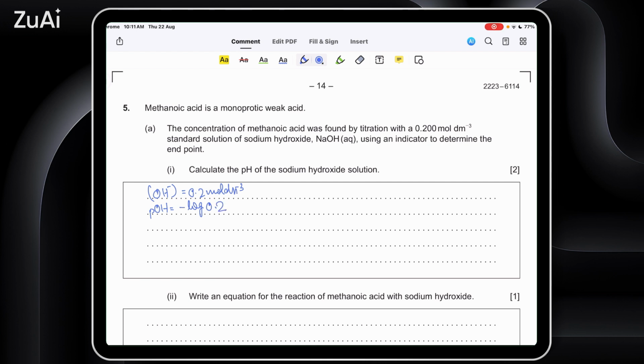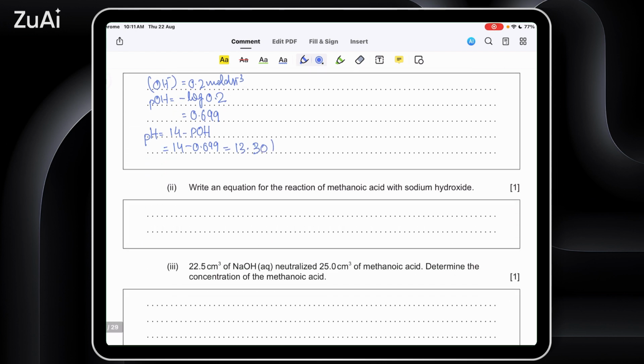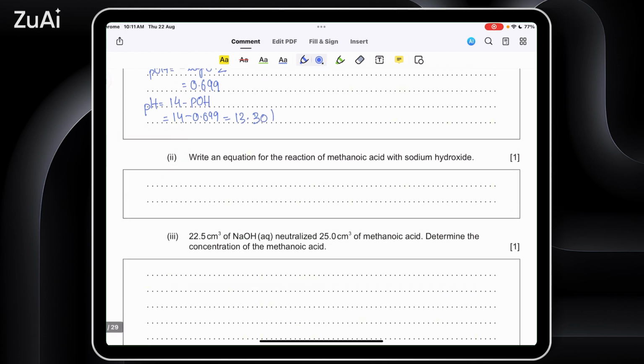So negative log of 0.2 gives 0.699. In order to calculate pH, the formula is 14 minus pOH. So 14 minus 0.699 is 13.301.